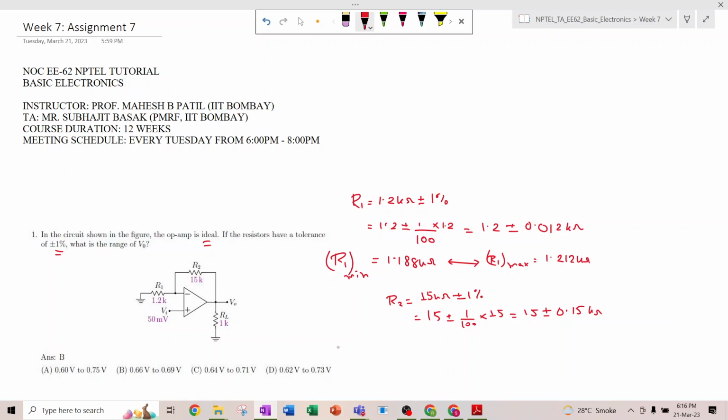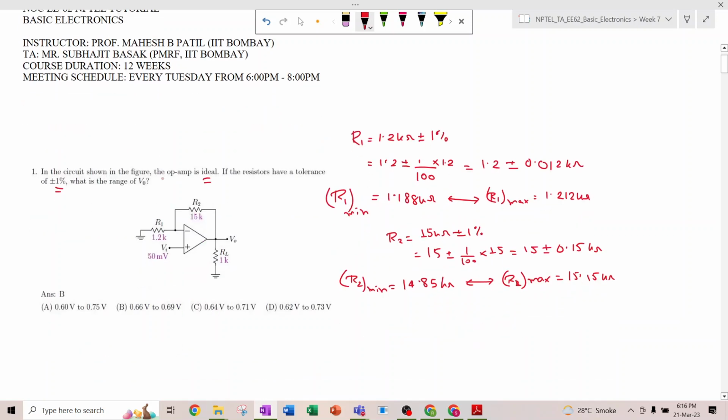So R2 varies from a minimum of 15 minus 0.15, which is 14.85 kilo ohm, to a maximum of 15.15 kilo ohm. So this is the range of R2.